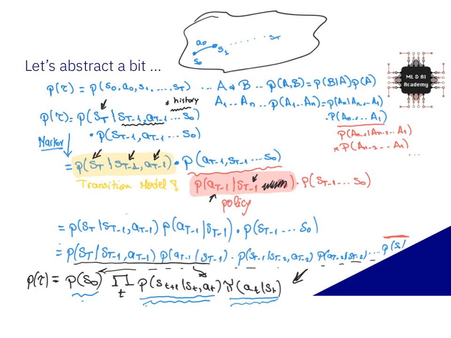So now that we have understood how to factorize the trajectory in a reinforcement learning problem, next we're going to finalize this lecture by defining the optimization problem we would need in reinforcement learning. So what is the agent going to be looking for?